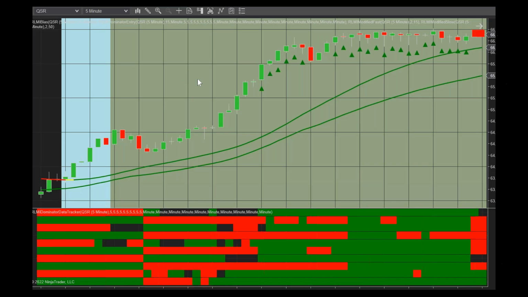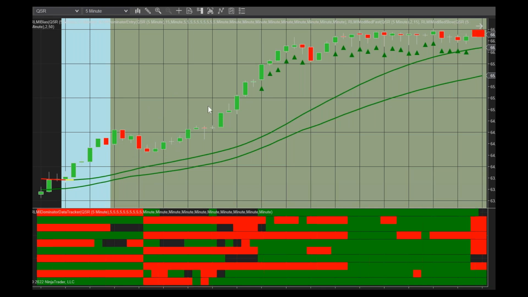This is the 5-minute. This is QSR on the Dominator. If I want to get an even higher probability setup, what I do is I look at the Dominator to make sure that I've got a dark green background telling me that I've got a multi-time frame trend to the upside, bullish, and I'm looking for buy signals.